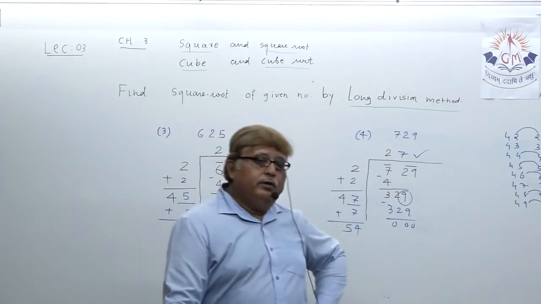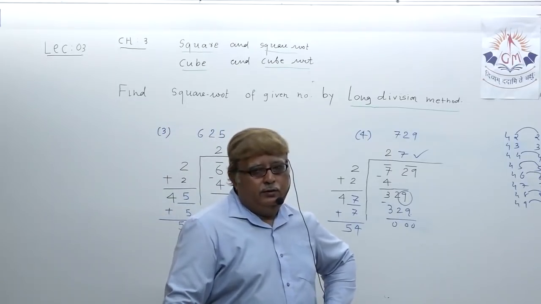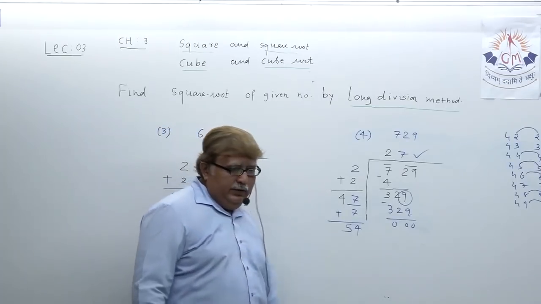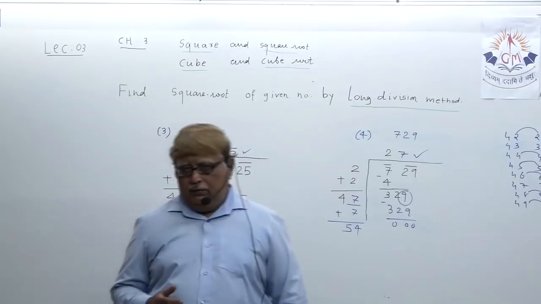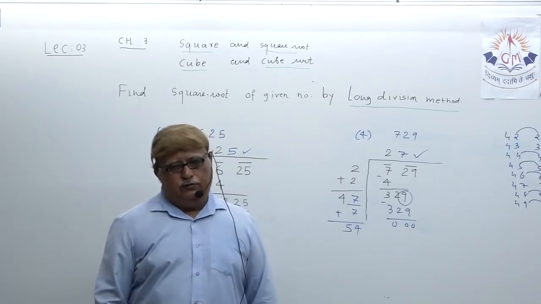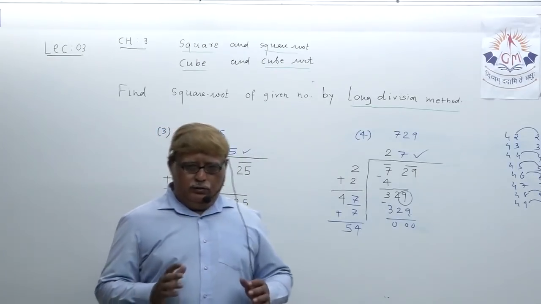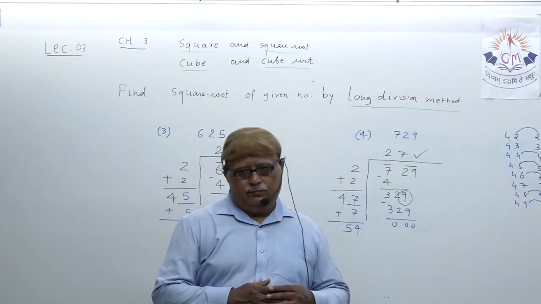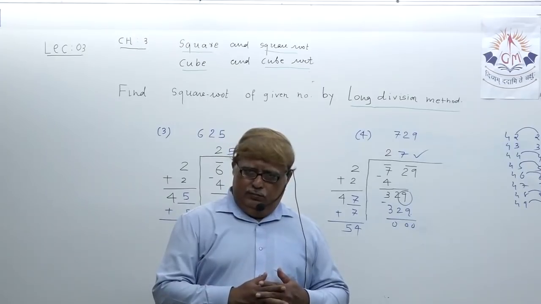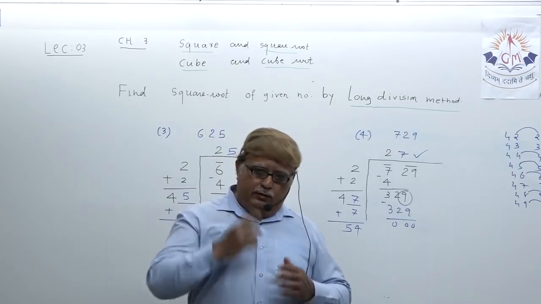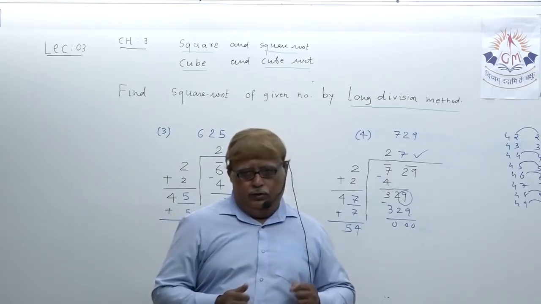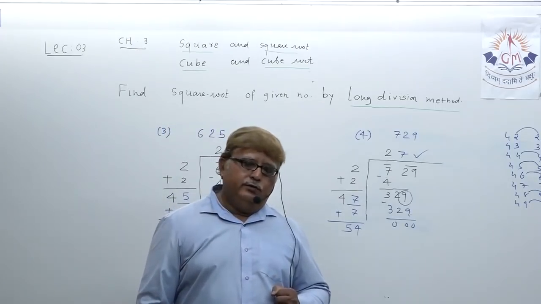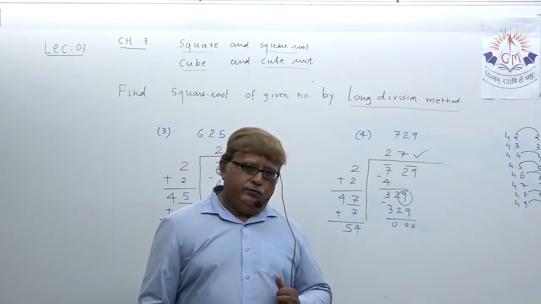So this is the way the concept becomes clear in your mind, and that is very, very important. Understand what we have done so far in today's lecture. In all the examples I have taken, the numbers contained how many digits? 3 digits.